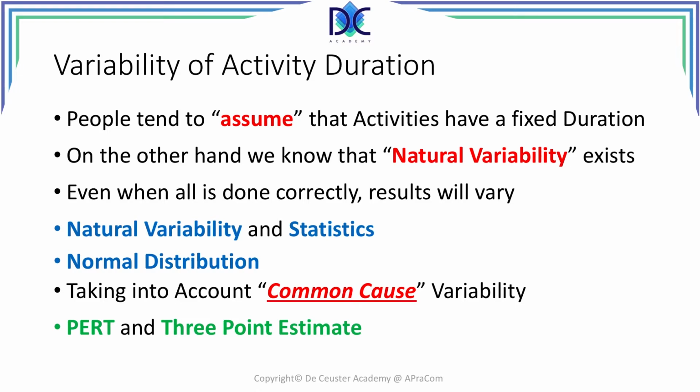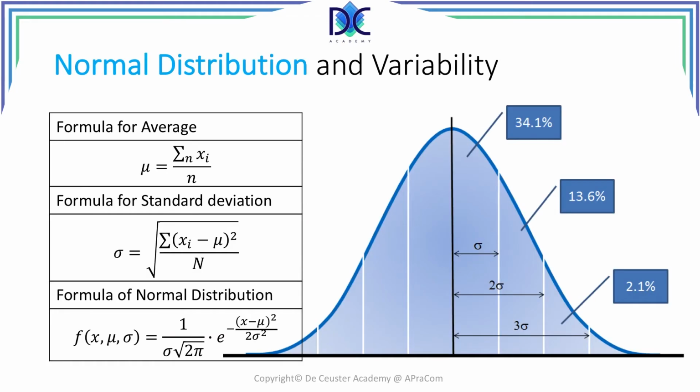To calculate the parameters, we have the project evaluation and review technique and 3-point estimates. The first distribution, or the most interesting distribution for our purpose, is the normal distribution.